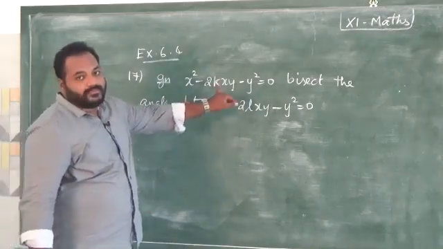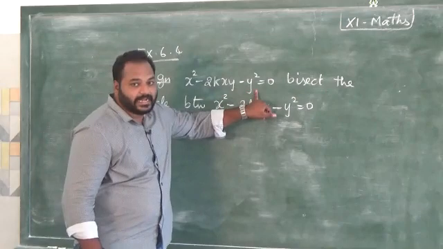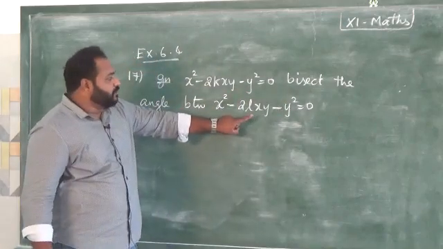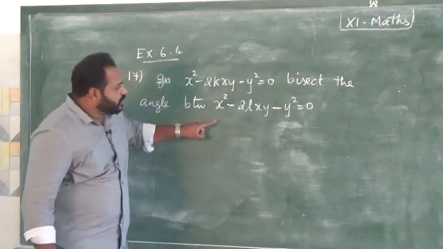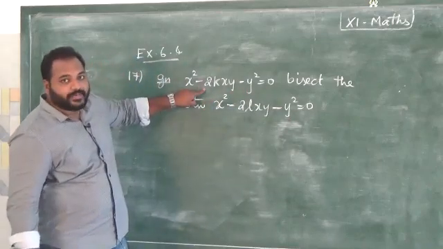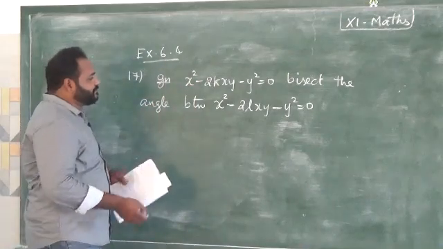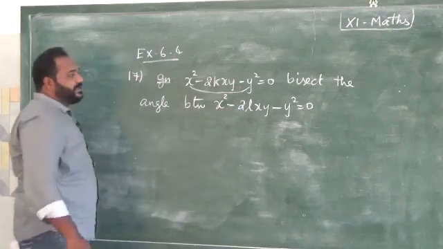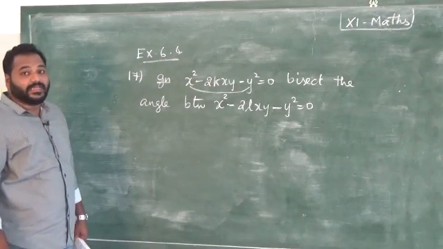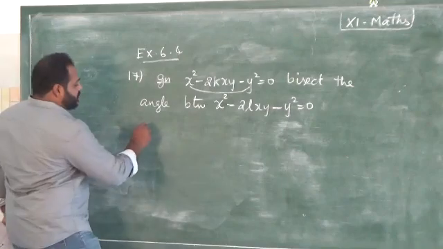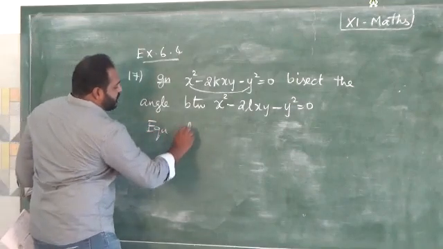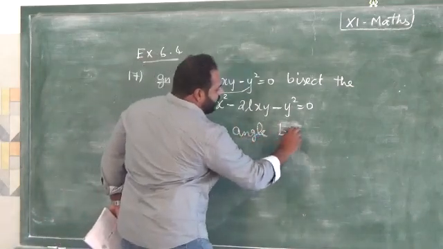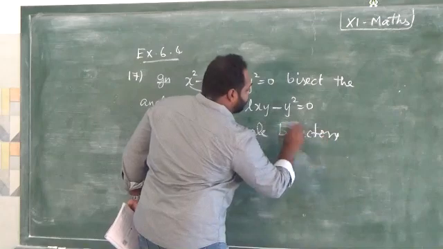See here, the given is this pair of straight lines bisect the angle between this pair of straight lines. Here we have to prove this pair of straight lines also bisect the angle between this pair. First I am going to take this pair and find out the equation of the angle bisectors.